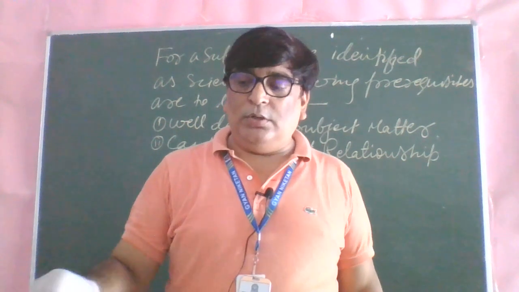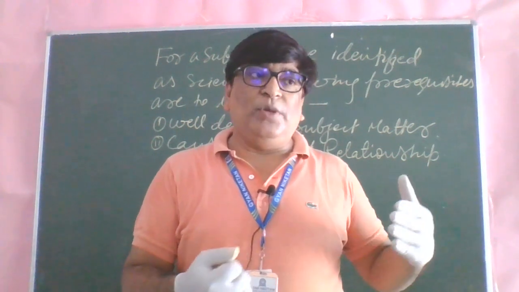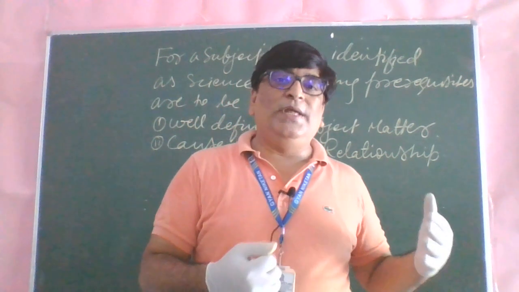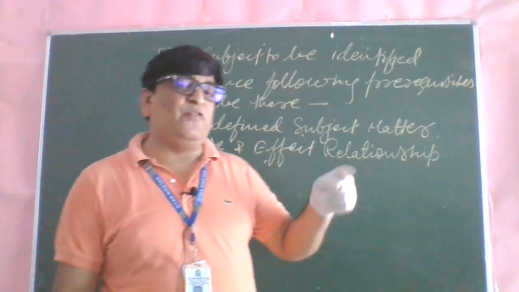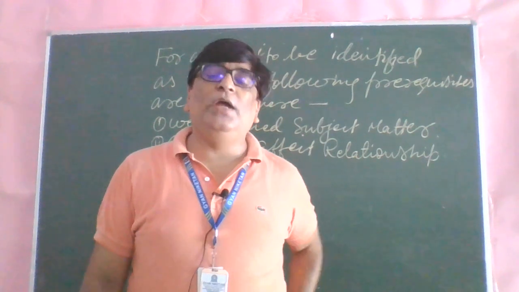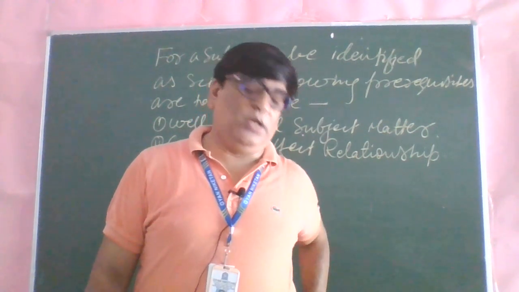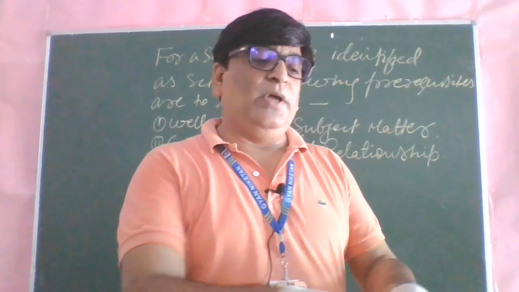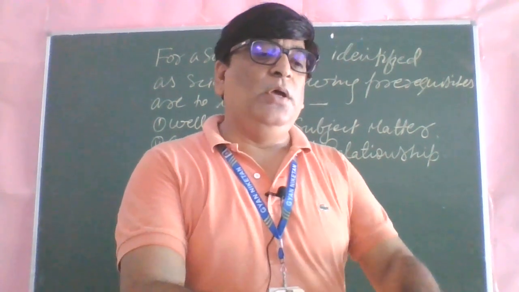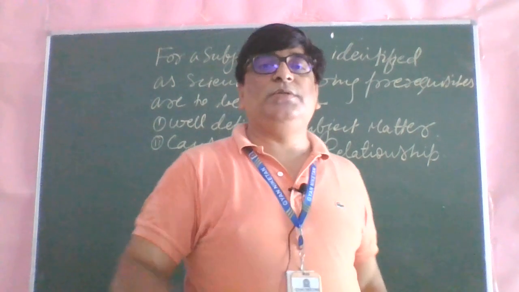Means if something happens, then its outcome should be there. If some cause is there, then its effect must be there. And that is the most important prerequisite of a subject to become science. Otherwise, a subject cannot be declared as science.